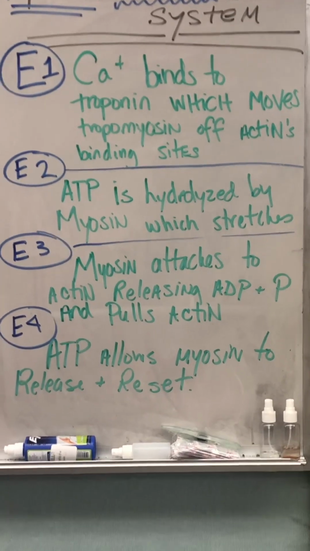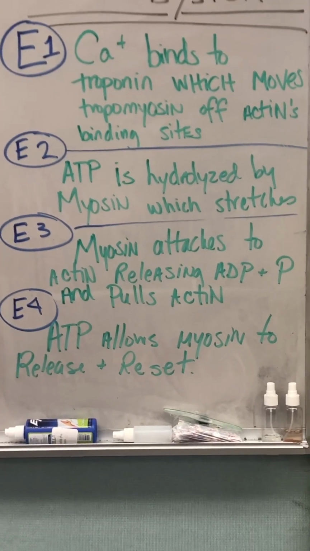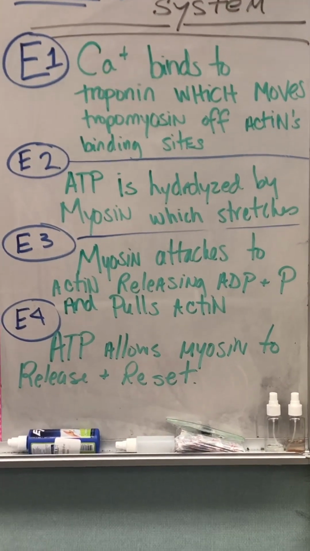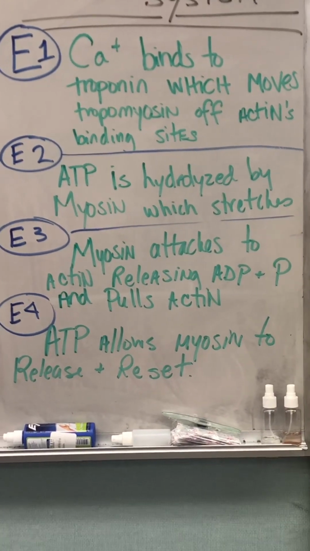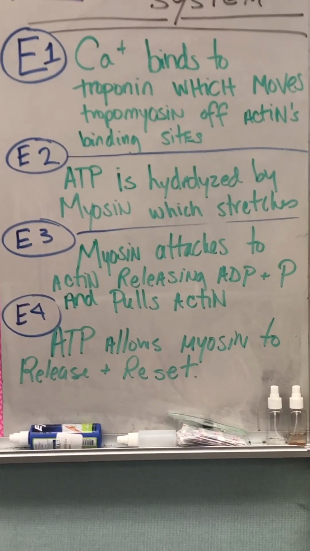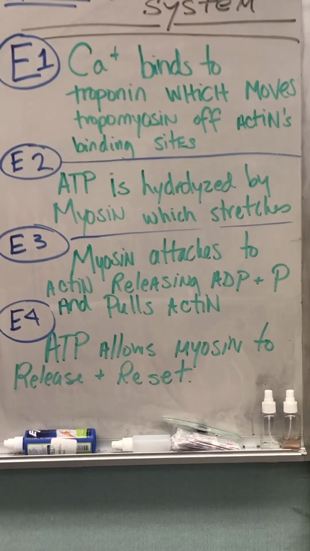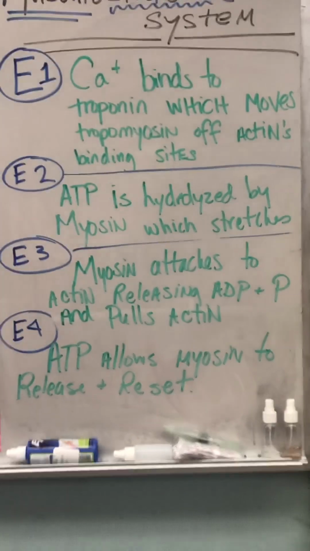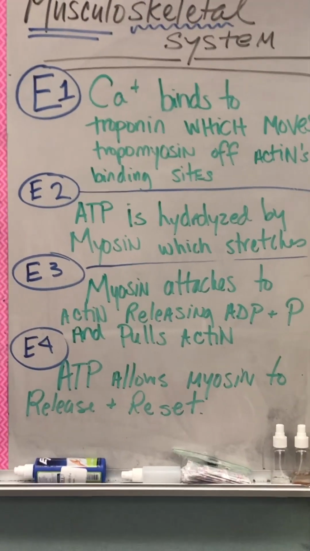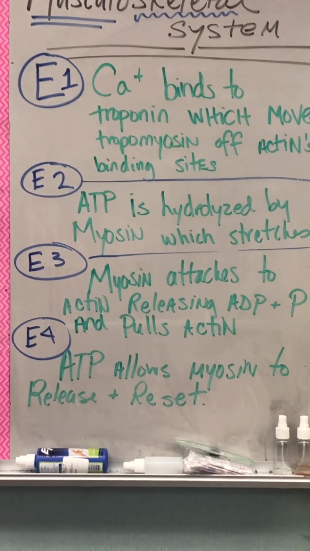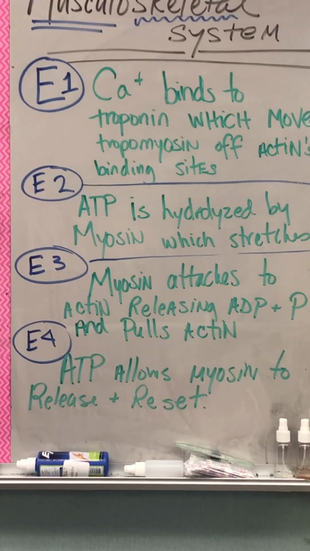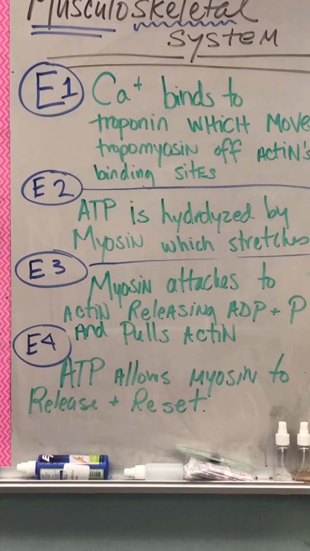So that's called the power stroke. The ATP is hydrolyzed in step E2, stretches that myosin, which is now available to snap and bind to the actin, and then as it binds to the actin, it pulls inward hard and drags the actin towards myosin's center.